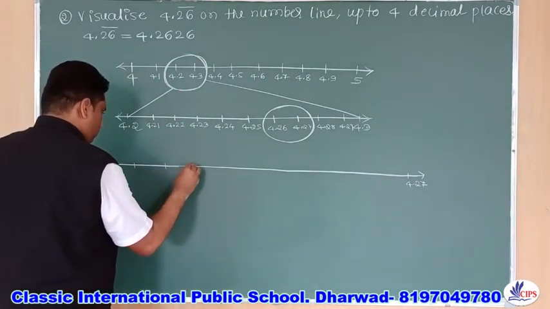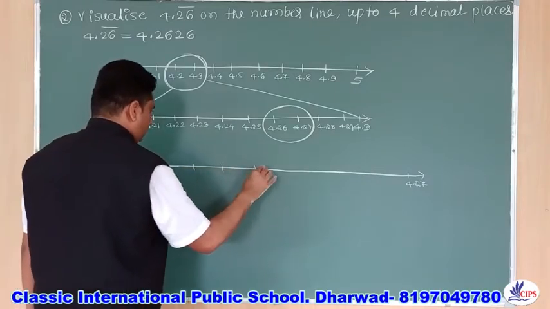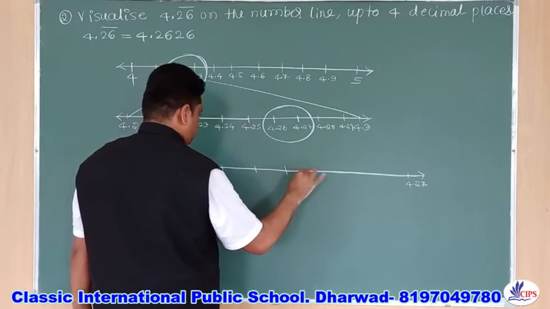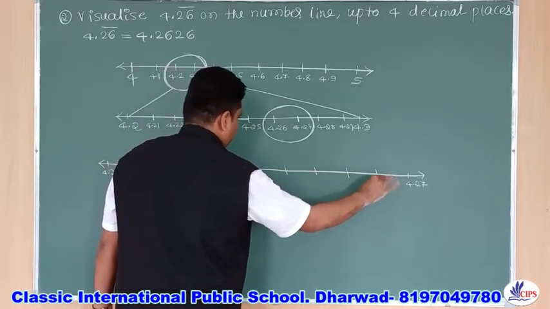I'll divide this number line into 10 parts. 1, 2, 3, 4, 5, 6, 7, 8, 9.